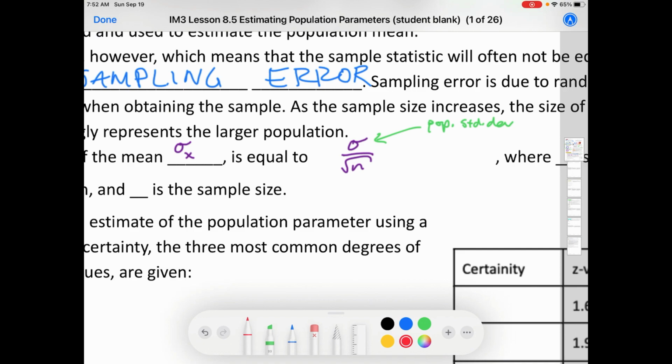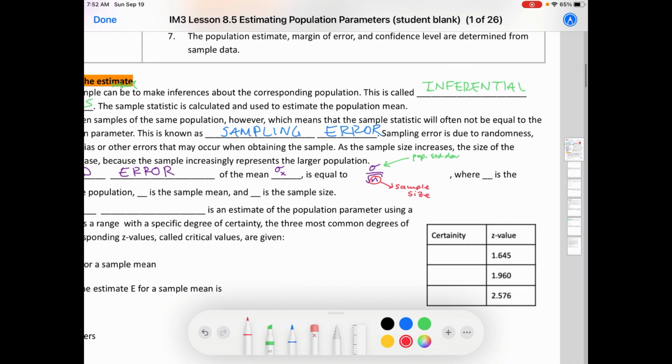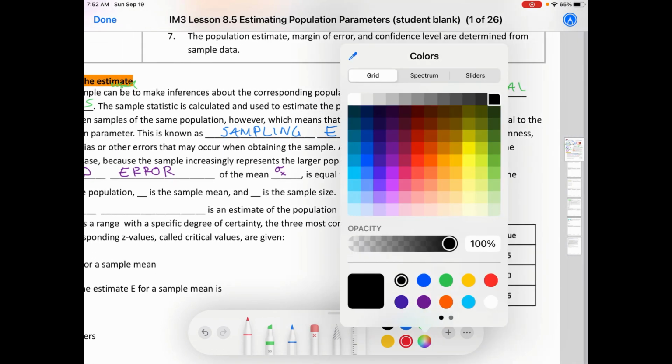And the n there is the sample size. I did that in purple.